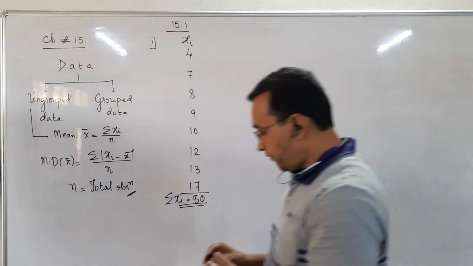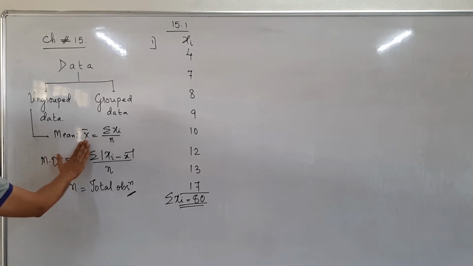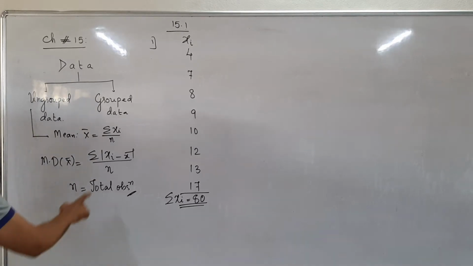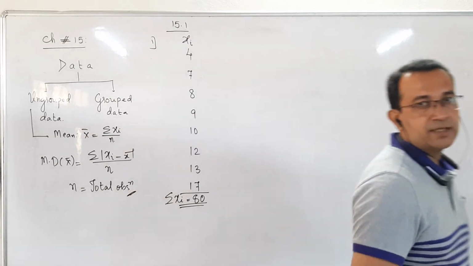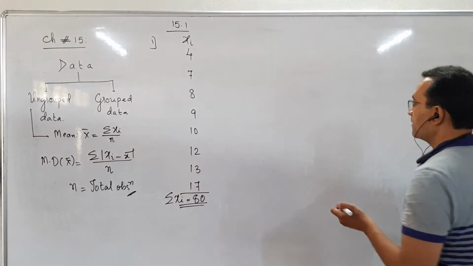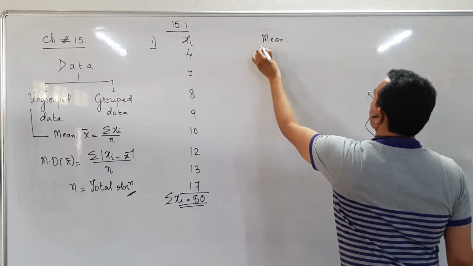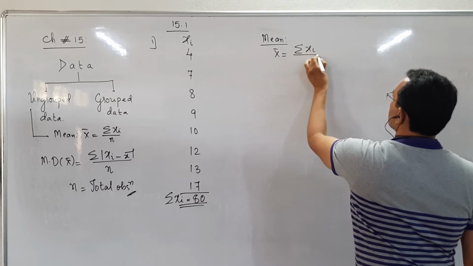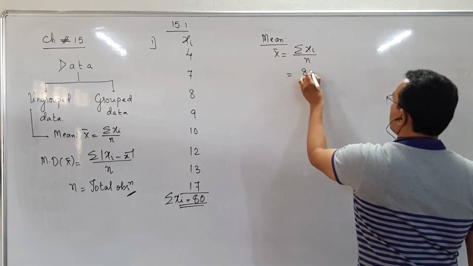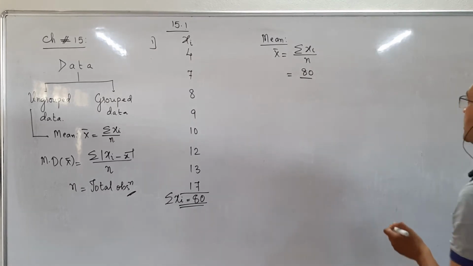Why, students? To find mean deviation with respect to mean, you remember in the algorithm, the first step is to calculate mean, because without mean, I cannot find the modulus of xi minus x bar. So the first target is to find mean. x bar is equal to summation xi upon n, 80 divided by 8.